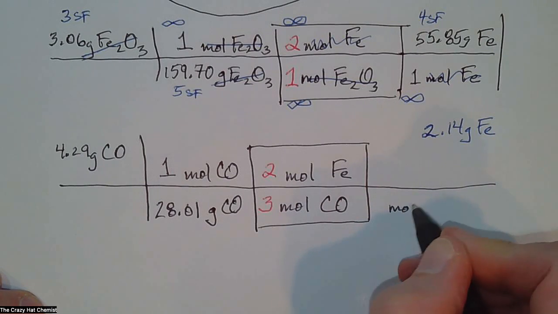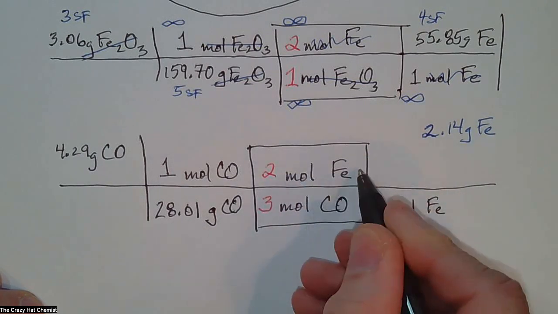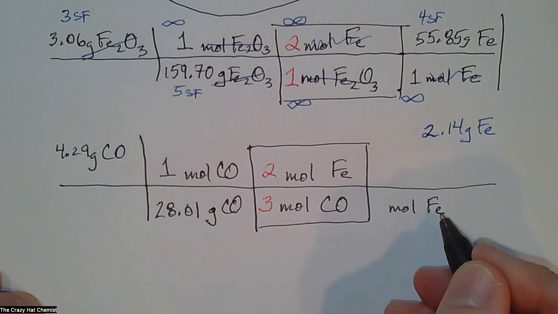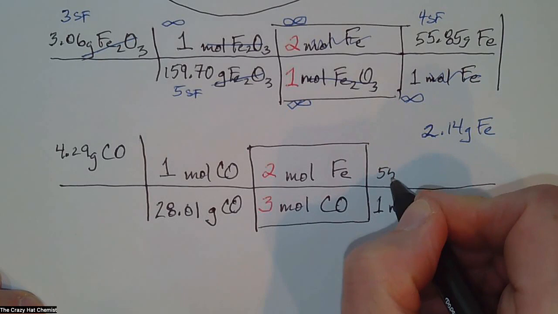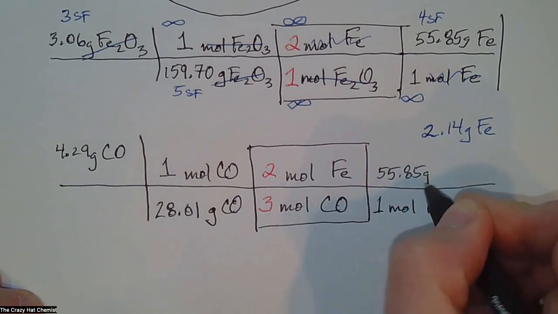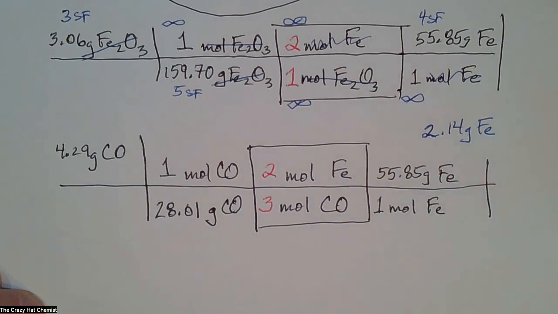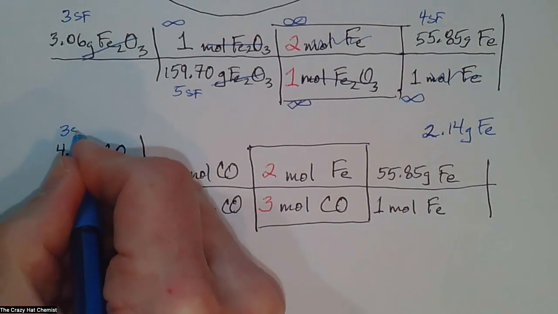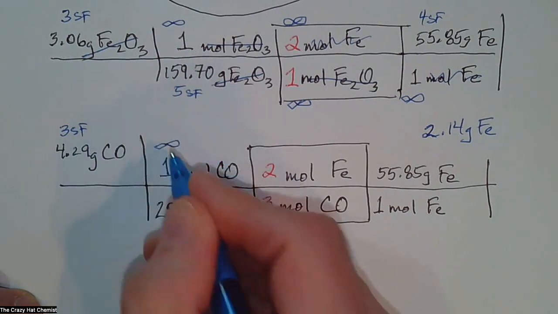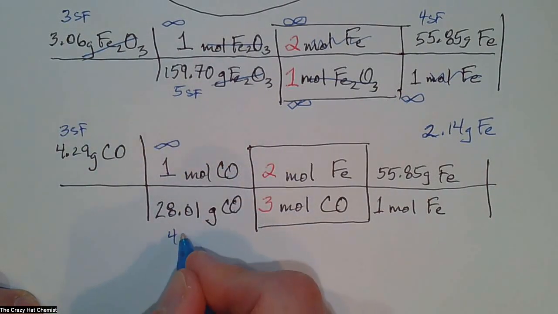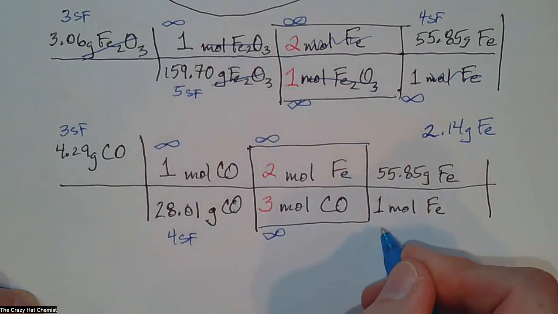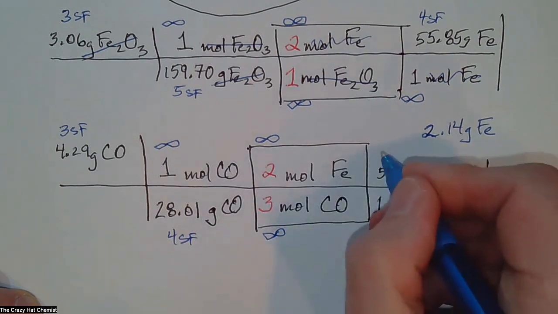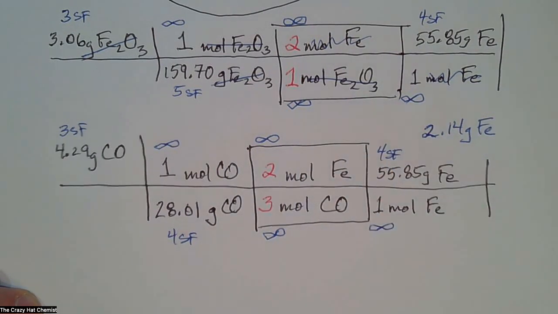I'm going to say moles of iron because this is moles of iron, and I'm going to go from moles to grams. So it's 1 mole of iron and 55.85 grams of Fe. And then that will be my ending part. I'm looking at significant figures: 3 significant figures, infinite, 4 significant figures, and the rest infinite, and 4 significant figures.